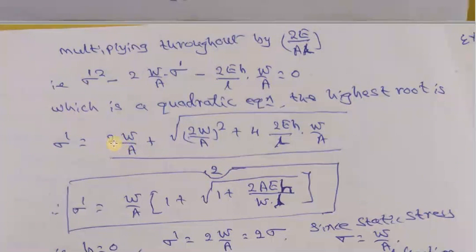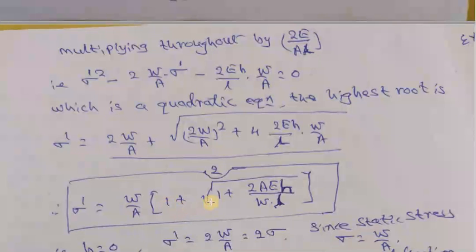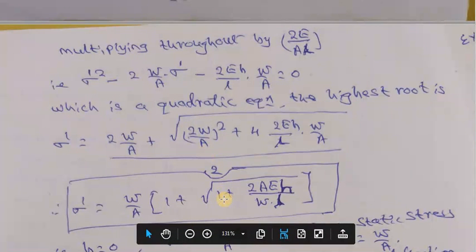Then I take a 2 constant outside, 2 from here, 2 from here, 2 from here, and divide that by 2 in the denominator. Then I take W by A also constant outside throughout in the numerator. So I will get sigma dash is equal to W by A outside, into 1 plus square root of 1 plus 2 AEH by WL remains.